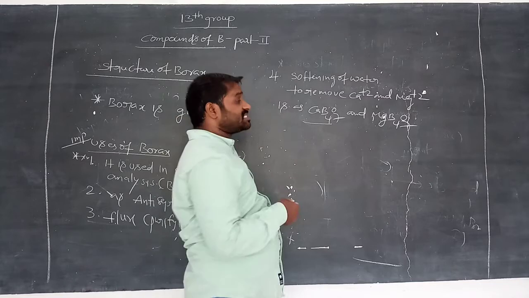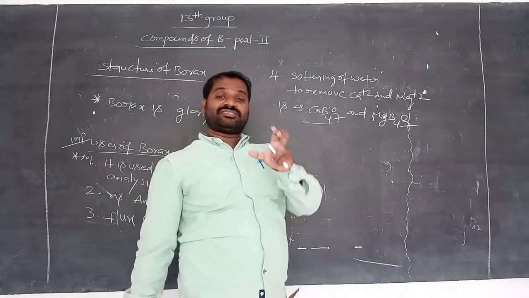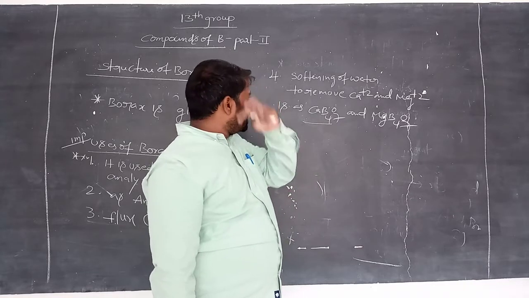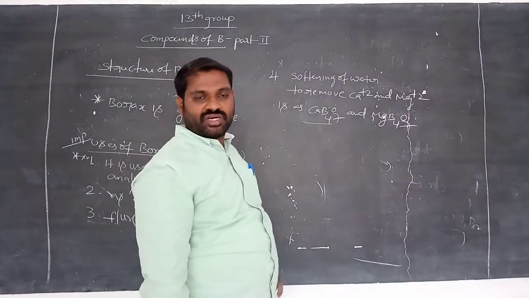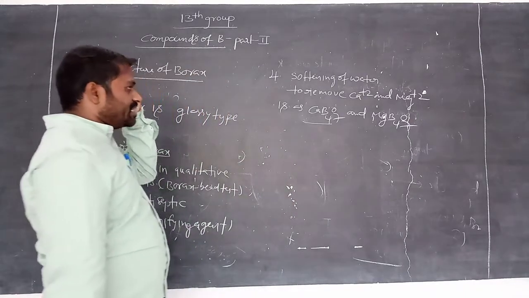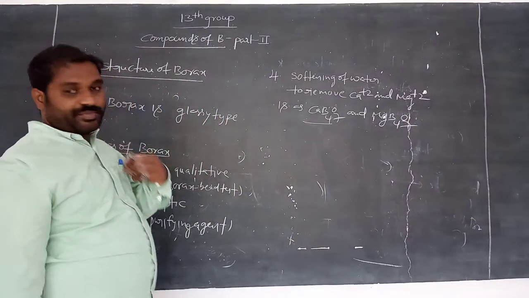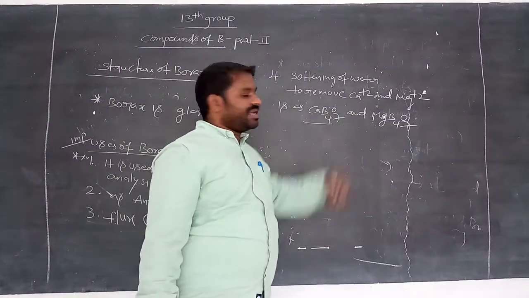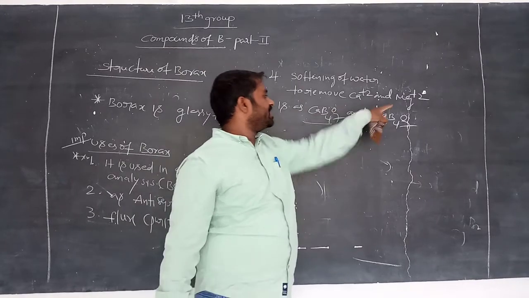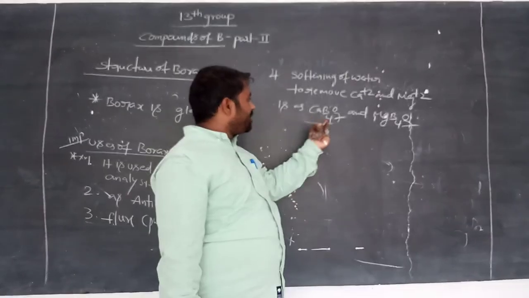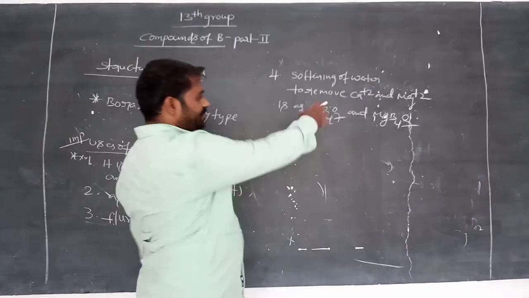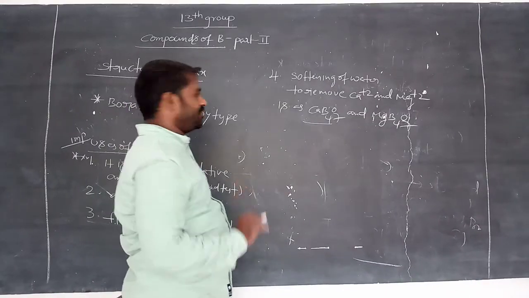So the water consists of calcium and magnesium ions, so it is hard water. If you want to purify that hard water, we add borax into the water. Then the water becomes soft water. Soft water means pure water here. So how does it purify water? It removes the calcium and magnesium ions by adding borax. When we add borax, these calcium and magnesium ions become calcium borate and magnesium borate. Now we can separate these two compounds. Then water is purified. Okay.